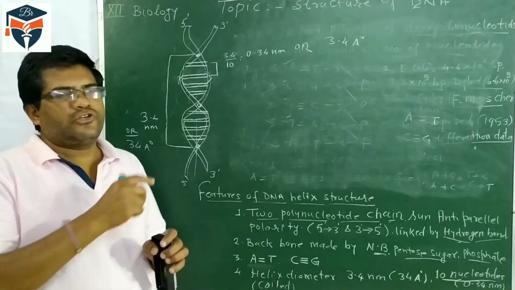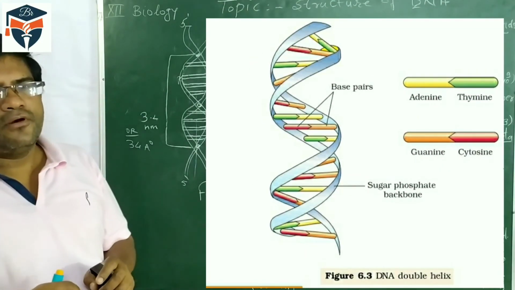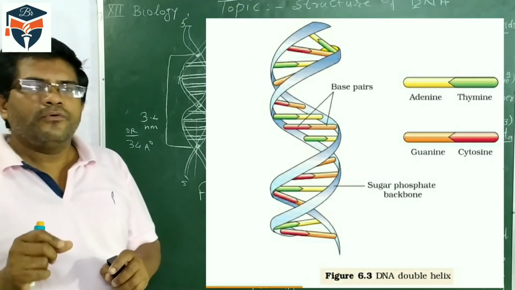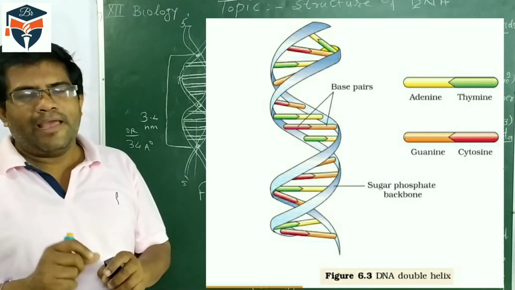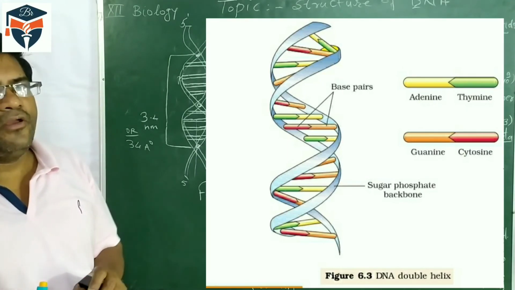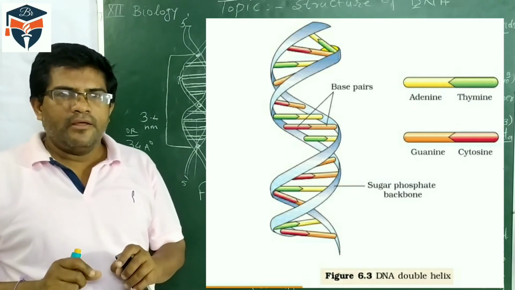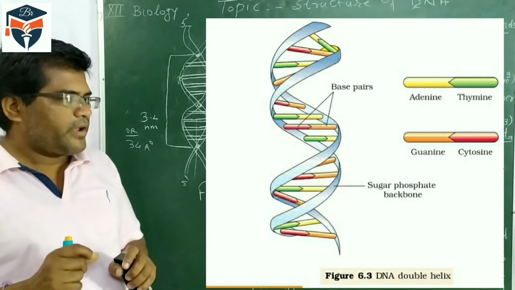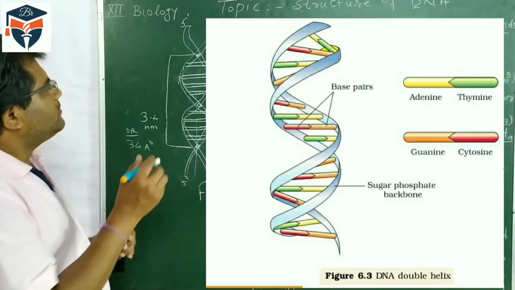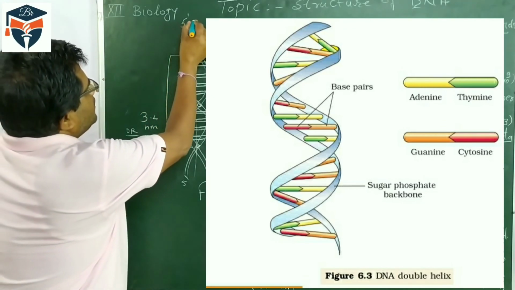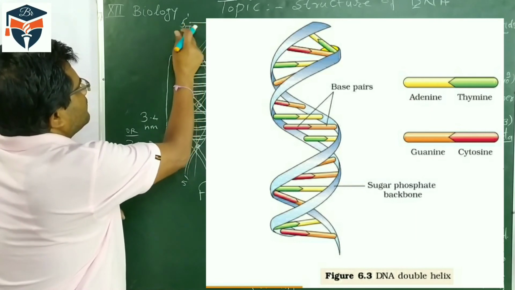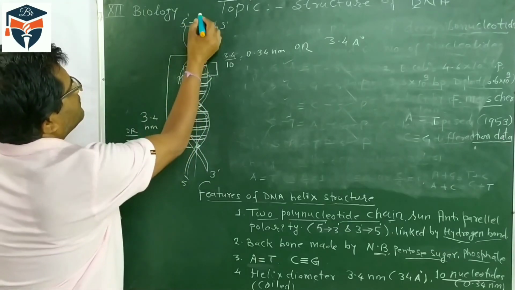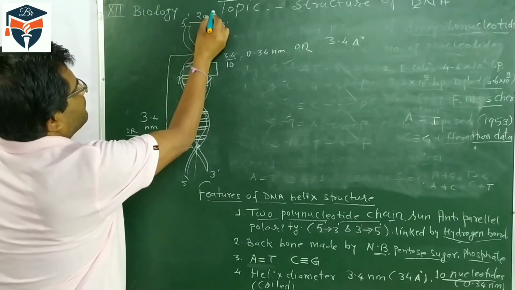Each helix structure diameter is 3.4 in nanometer, and each helix, we are talking about right-handed DNA, has 10 nucleotides, and the distance between nucleotides is 0.34 nanometer. Similarly, the diameter between these two strands, it is 5' to 3', and this is 20 angstrom.